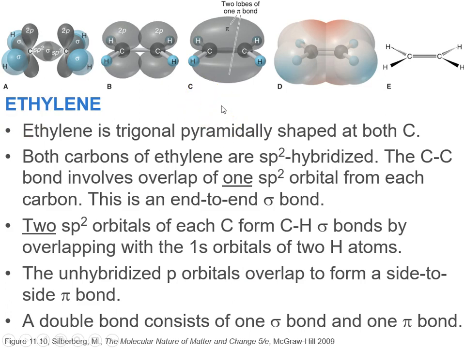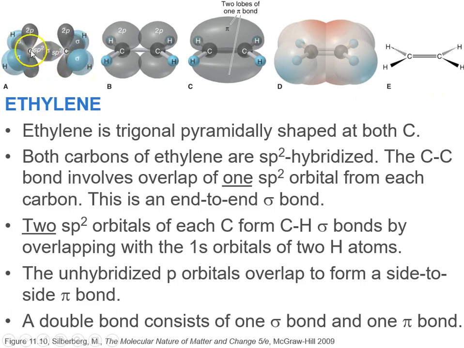Okay, let's look now at ethylene. Let's look way over here at its Lewis structure. Ethylene has the formula C2H4. There's a double bond between the two carbons, and then single bonds between the carbons and the hydrogens. So how do we do that? Here the carbons form sp2 hybrid orbitals, because you can see the artist has drawn this, so we have a trigonal planar geometry.